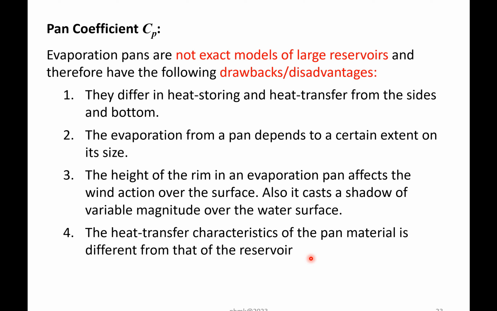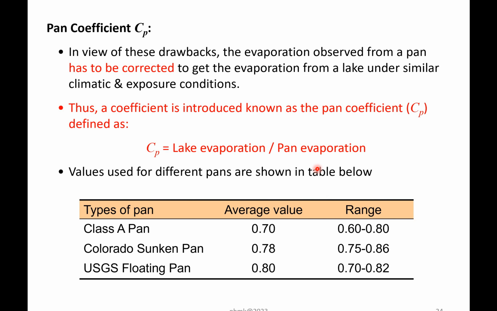And the heat transfer characteristic of the pan material is different from that of a reservoir. So the value collected from the pan needs to be corrected using a coefficient, to get a better estimation of the evaporation value.